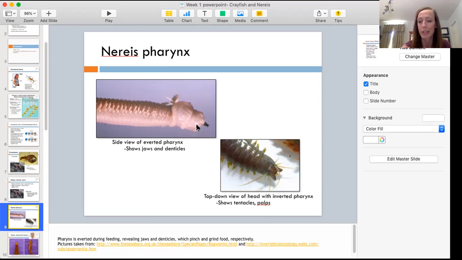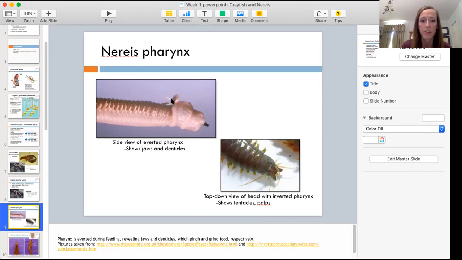But in order to eat, the Nereis is able to extend its pharynx outside of its mouth. So it kind of just extends it out, is able to grab food and pull it back in, right? And if it were killed while eating, if we were able to obtain a specimen with the everted pharynx, it would look a lot like this top picture here.